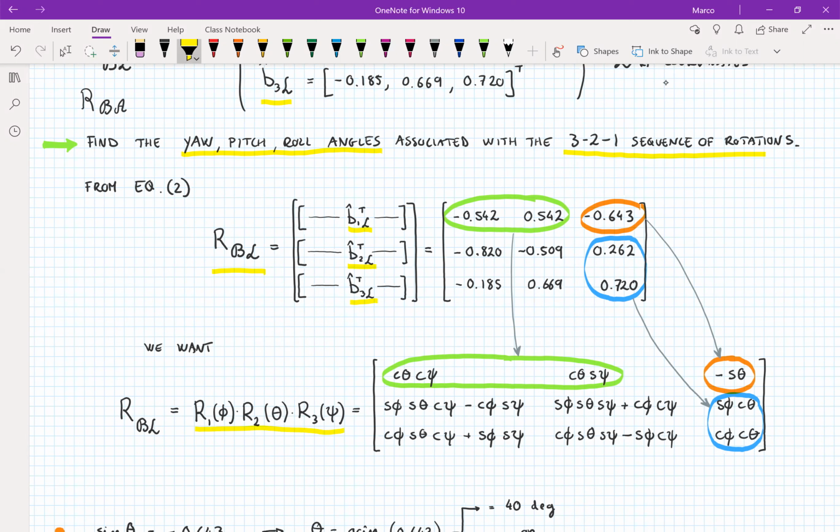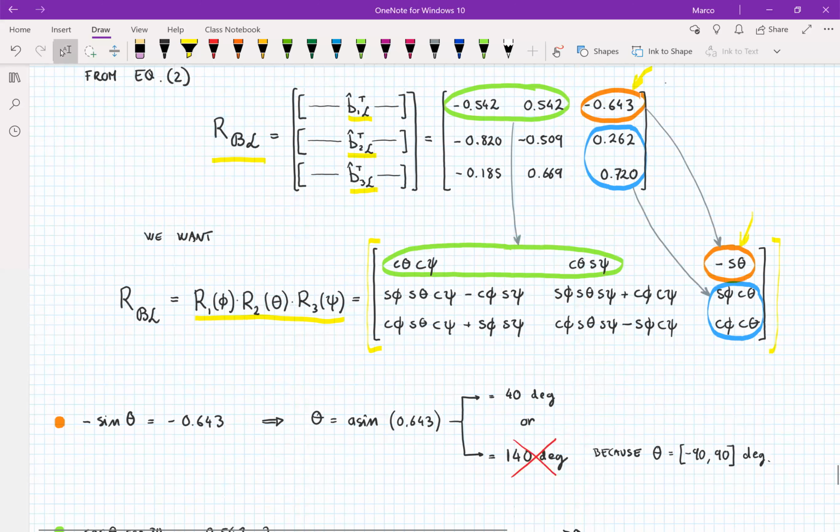So we have this matrix, and we can find the angles by comparing the terms. So let's start with the easiest of them all, which is we have that minus sine of theta is equal to minus 0.643.